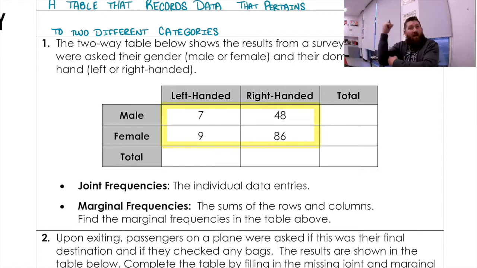Think about your elbow joint or your knee. It's where my humerus and my radius and ulna come together. So in our table, the number 7, that is where males that are left-handed, that's where their data is represented.